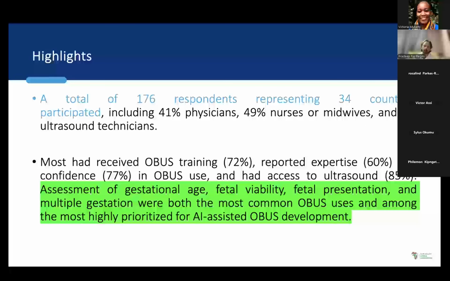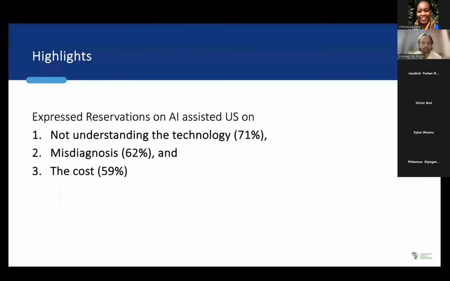They found that assessment of gestational age, fetal viability, fetal presentation, and multiple gestation were the most common uses and among the most highly prioritized for AI-assisted obstetric ultrasound development. So these are the main four priorities for AI integration into obstetric ultrasound.